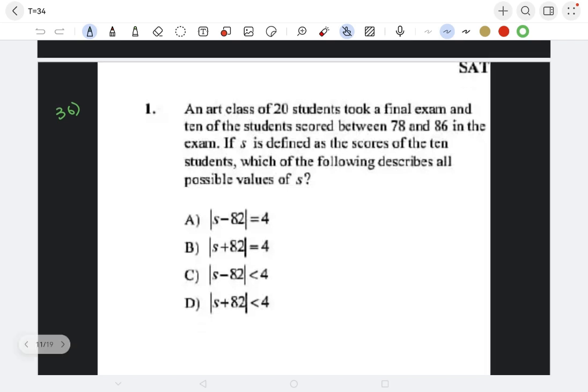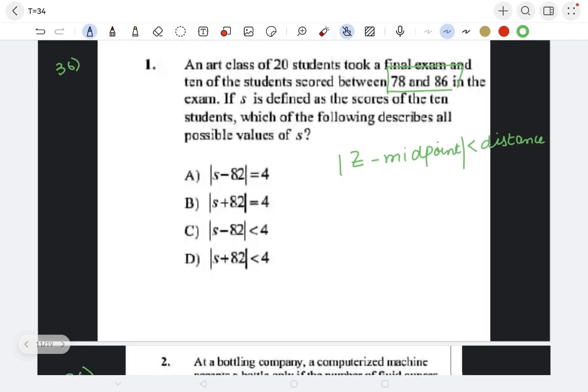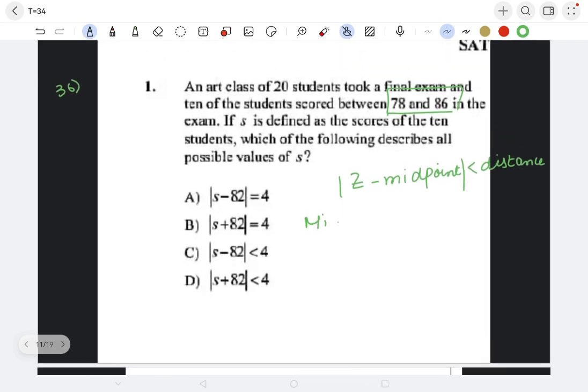Now look here, they are saying between 78 and 86. Now your formula is the same, that is z minus midpoint, and that is either less than or greater than the distance. I'm going to put less than because they are saying between. Now what do I have to find? I have to find my midpoint first. So my midpoint is going to be 78 plus 86 over 2, and that's going to be 82.